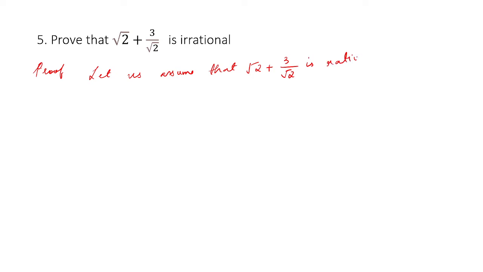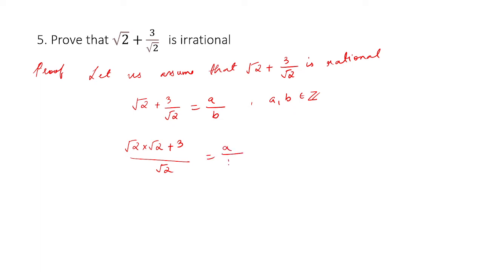Since this is rational, we can say that 2 plus 3 by root 2 is equal to a by b, where a and b belong to the integers. You just take the LCM, so you get root 2 into root 2 plus 3 by root 2 equal to a by b.